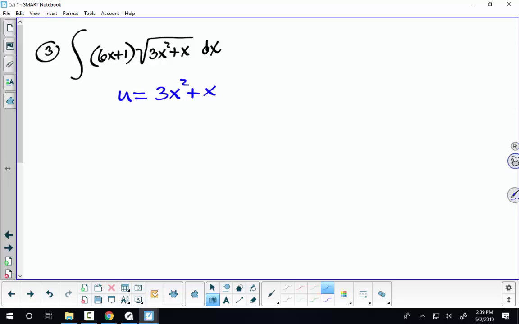And really, you just want to keep track of what you've accounted for. If my u is 3x squared plus x, I've accounted just for that piece. I've got the square root of u, or u to the 1/2. And then when I take the derivative of my substitution, that's when I'm going to account for the 6x plus 1 and the dx. So is it okay if we just write du is equal to 6x plus 1 times dx, instead of du over dx and then solving for du?